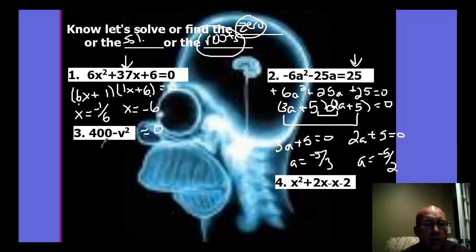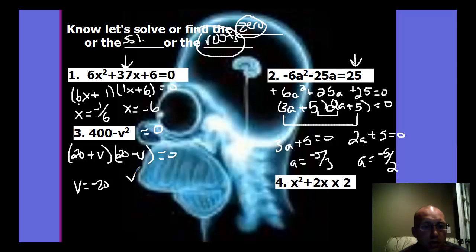So for this one, when we try factoring, it's actually a difference of perfect squares, and I recognize that because I have two quantities that are perfect squares with a subtraction in there. So 20 times 20 is 400, and then I have a plus v and a minus v. So I can set each of these equal to 0. So this v is negative 20, and then this one here, if I subtract 20 divided by negative, would be positive 20. So those would be the two solutions there.